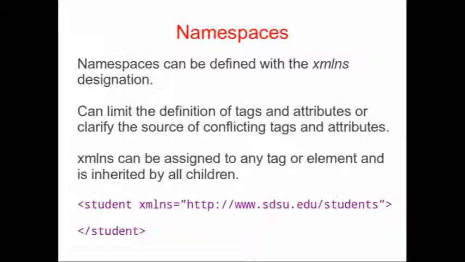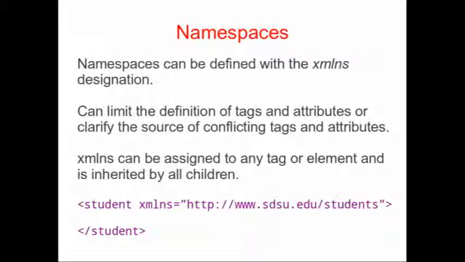And so we'd like to be able to accurately say the ID that we're talking about is this particular ID, or the year that we're talking about is the number of years that the student has been in school, or is the years until they graduate, for example. The way that you introduce a namespace is by using the XMLNS attribute, as shown here.